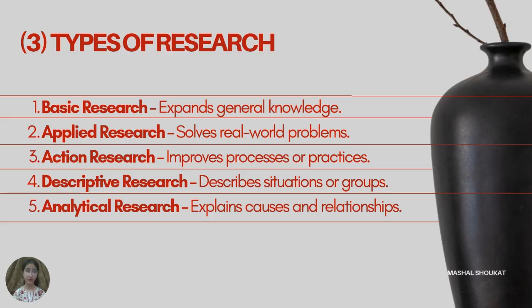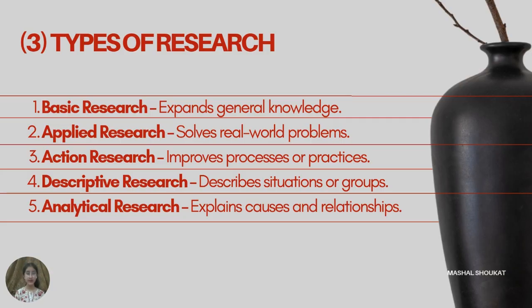It is just for other scholars to study that research, and on the basis of that they can create a product. In basic research, we just gain more knowledge or expand it. For example, studying human brain memory process.